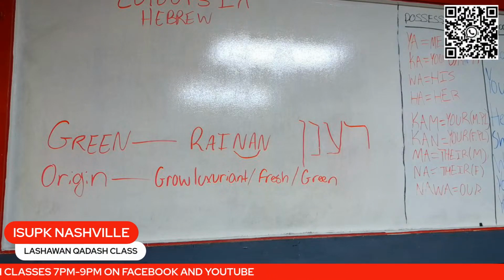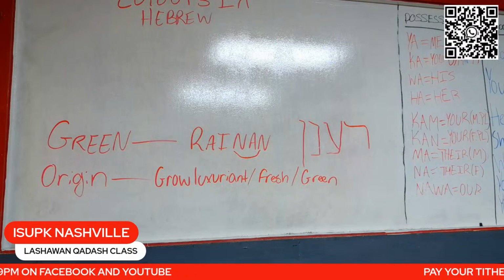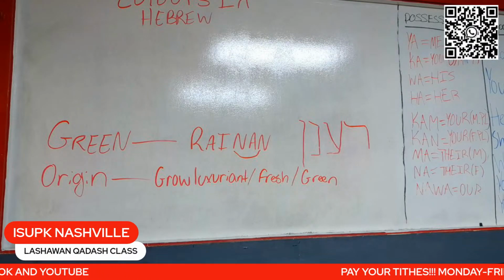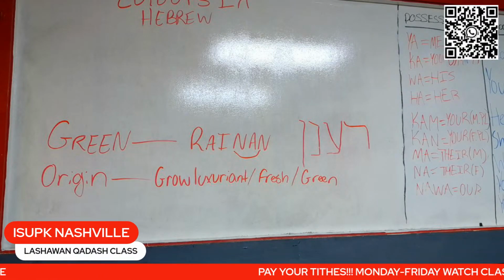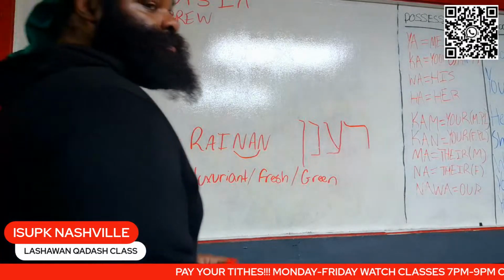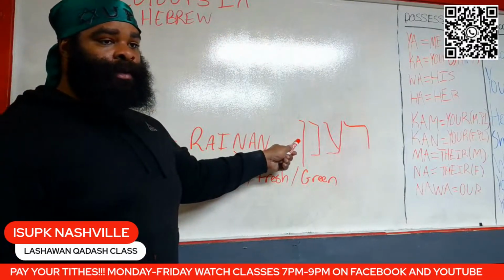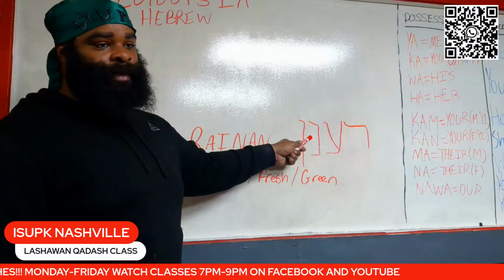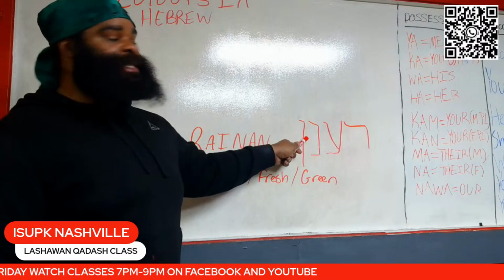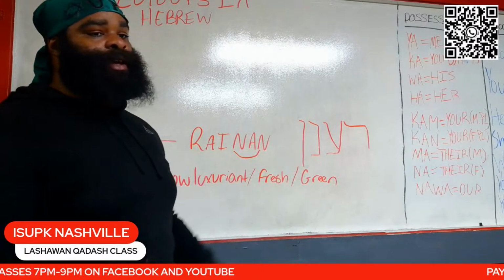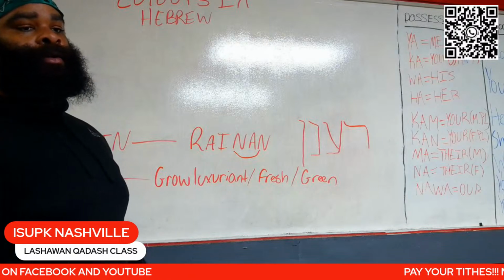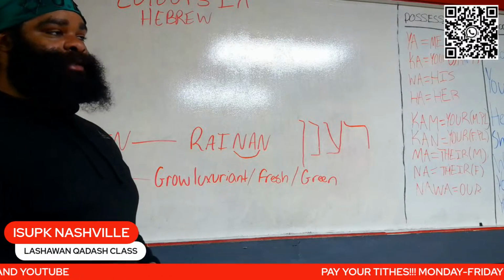All right, for time's sake, I'm gonna go ahead and give you the answer. The reason why this character doesn't look like that character, and they both make the same sound, is because Assyrian came up with a method called ending characters.